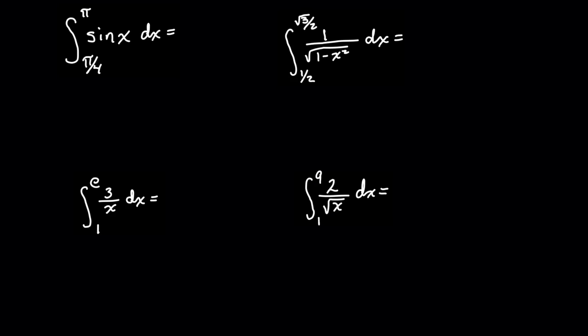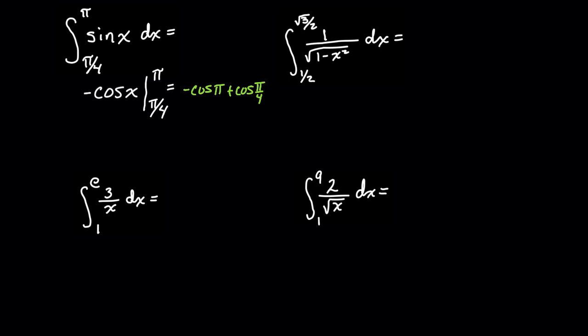All right, so the next one, we're going to branch off of our polynomials a little bit here. The antiderivative of sine of x is going to be negative cosine of x, and we're going to evaluate this between pi over 4 and pi, which would give us negative cosine of pi minus negative cosine of pi over 4, which would make this plus cosine of pi over 4.